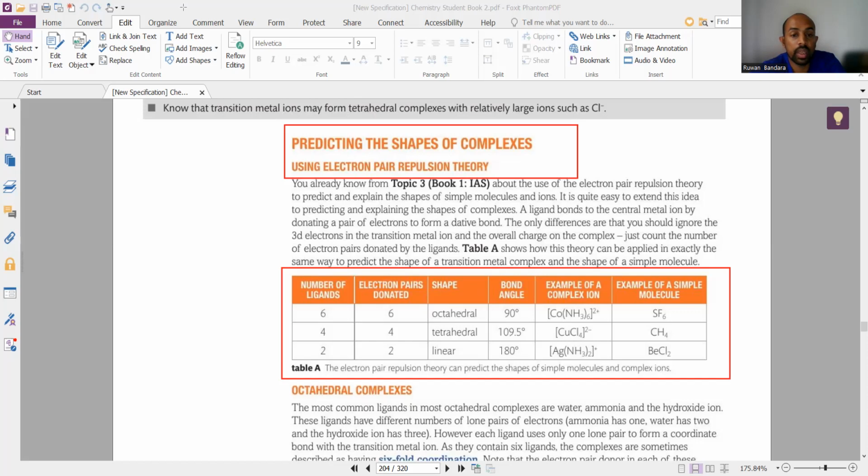You can consider the number of dative covalent bonds as the bond pairs, and based on that, you come to the shape. 6 donated pairs make it octahedral, 4 donated pairs tetrahedral, 2 donated pairs linear. Octahedral has bond angle 90, tetrahedral 109.5, linear 180. An example is given there.